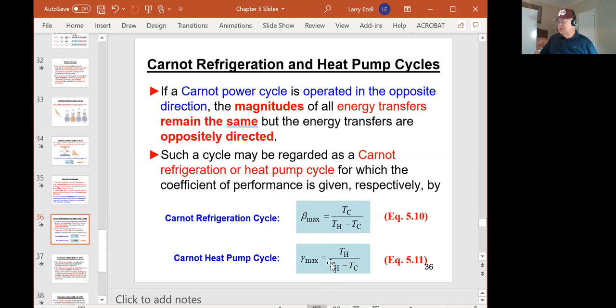So TH goes up here, and instead of calling it beta, we call it gamma. The Carnot heat pump cycle efficiency is TH over the same TH minus TC. It's not hard, it's just several things you have to remember, I admit.